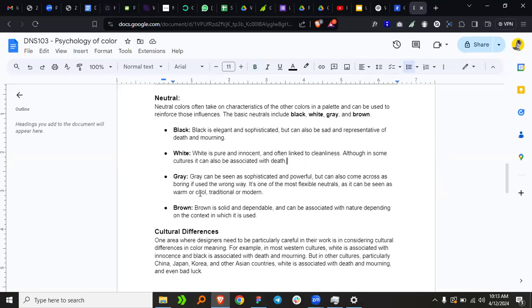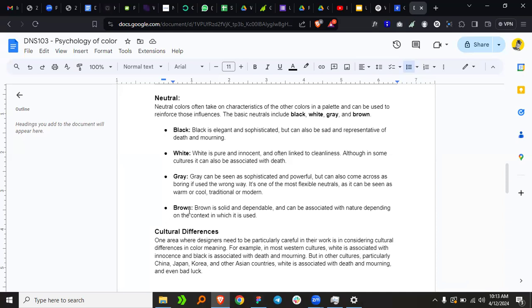Gray can be seen as sophisticated and powerful, but can also come across as boring if used the wrong way. It's one of the most flexible neutrals, as it can be seen as warm or cool, traditional or modern. So you have to be careful when using gray.